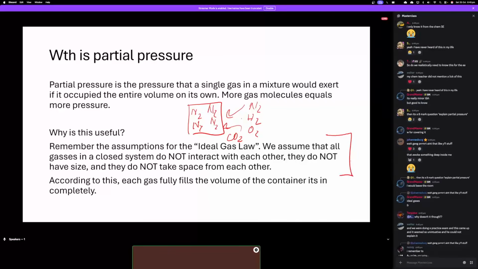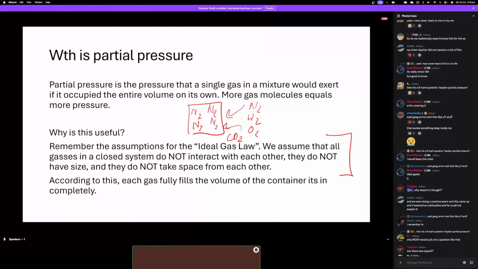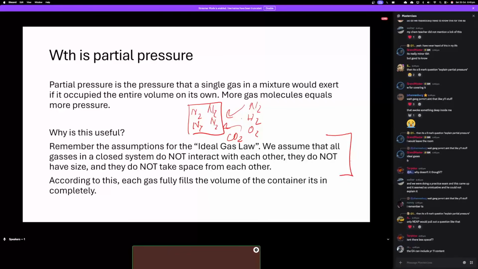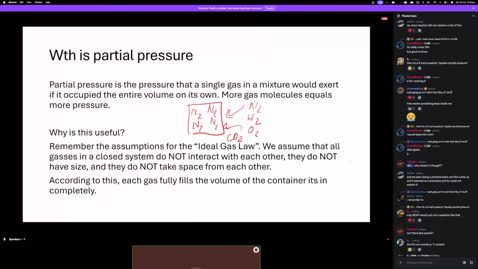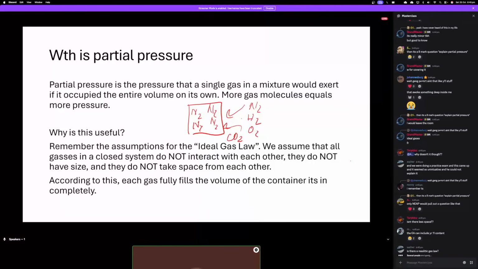Explain partial pressure. Why doesn't it change though? Good question. It does. Yes, there is less space. But when we're doing chem, we don't want it to be realistic. So we just lie. That's what we do in chemistry.